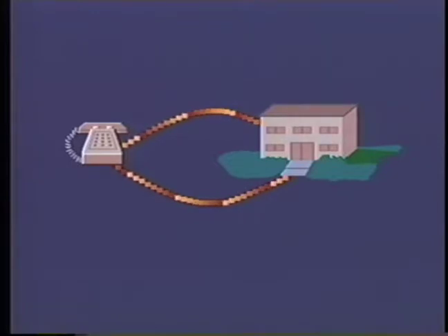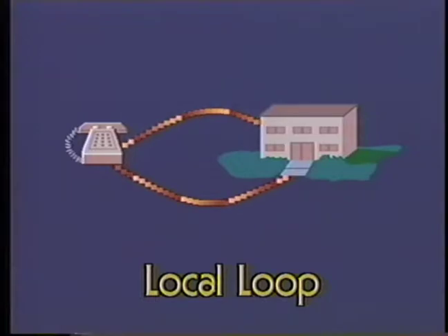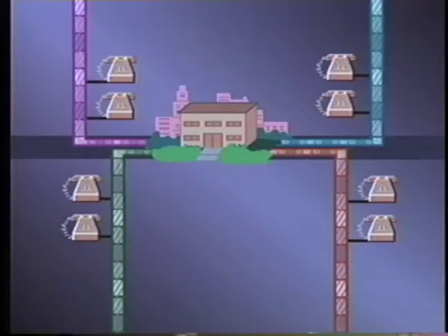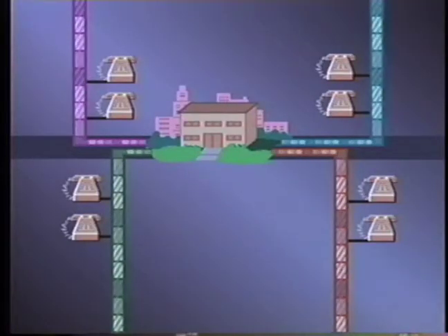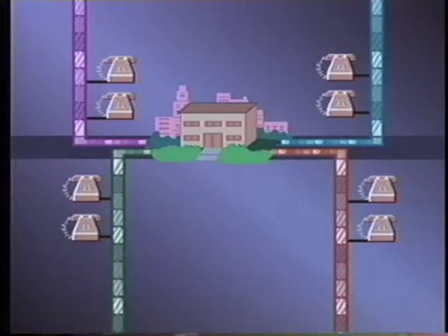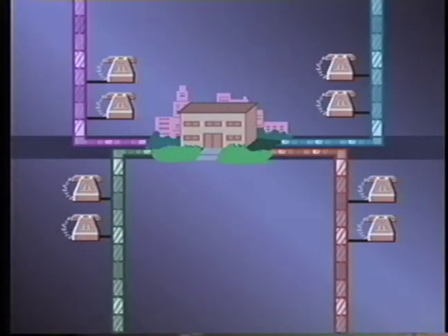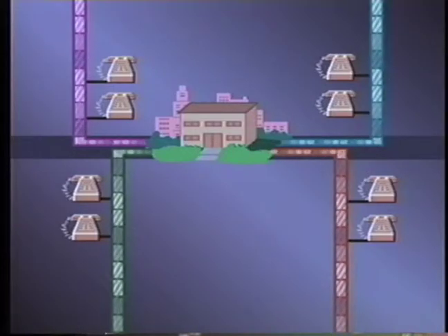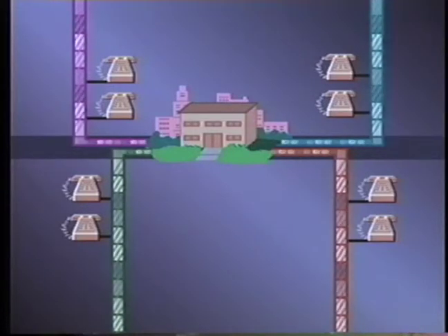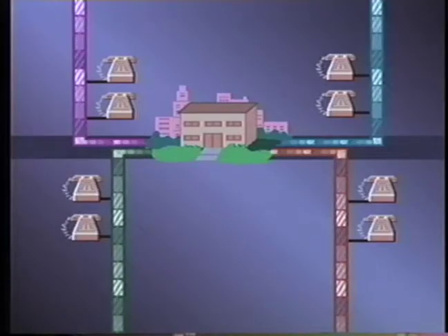This terminology comes from the switchboard days when one wire was connected to the tip and the other to the ring of a switchboard plug. This pair of wires is also referred to as the local loop. The term local loop commonly refers to all of the wires which connect the central office to all of the local subscribers' telephones. The local loop is the first rung of the public switch telephone network.